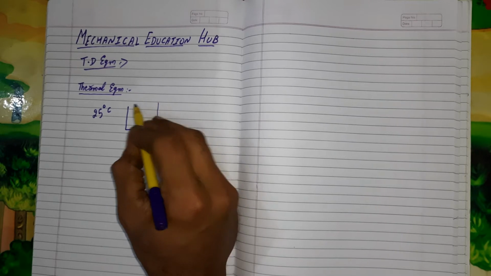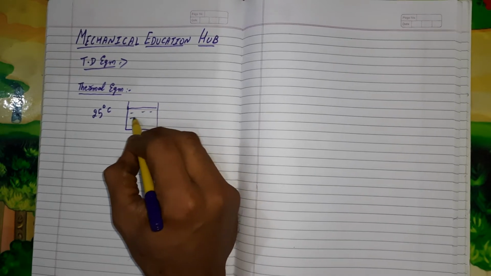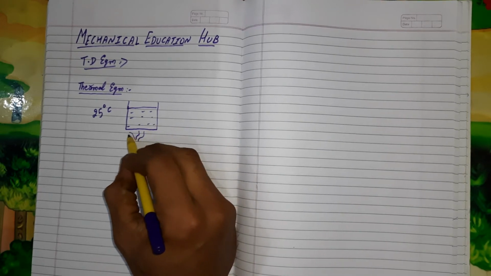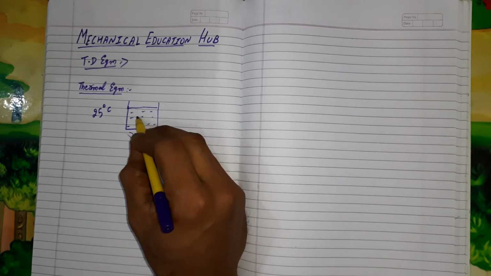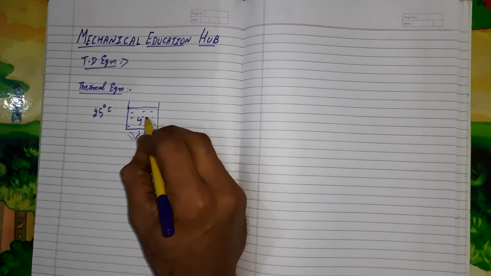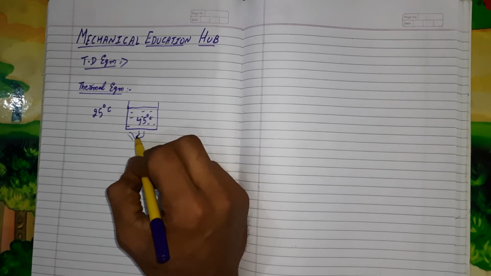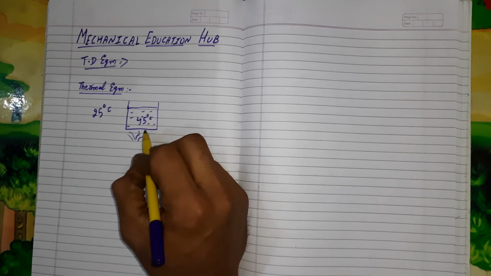We are boiling water in a jar. Let's say the temperature of this water rises up to 45 degrees Celsius. Now stop providing heat to this water.